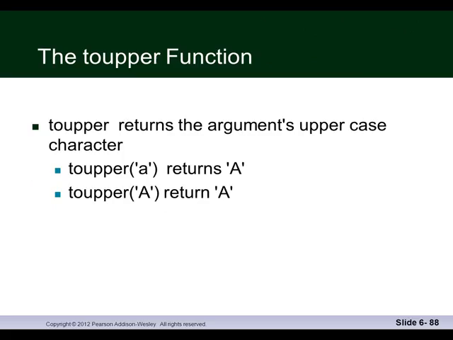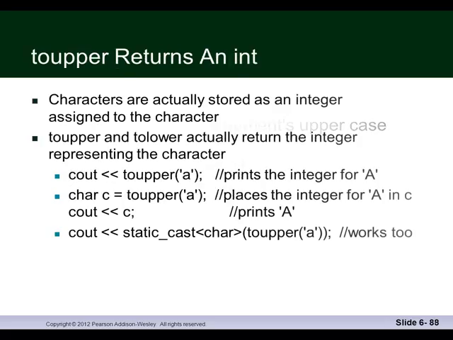One way Microsoft deals with these things is by changing everything to upper. So everything is in uppercase, and then we don't have to worry about lowercase or uppercase. One of the functions is toupper, which changes lowercase to upper. And remember, it's just one character. Or we could do the static cast char.